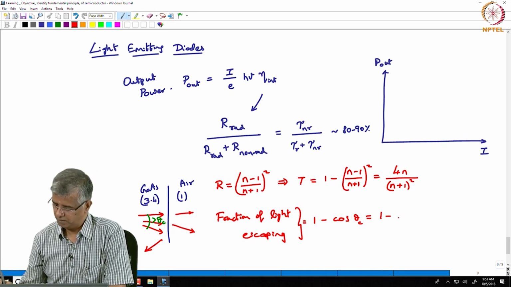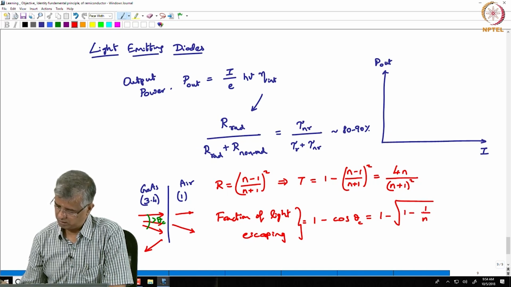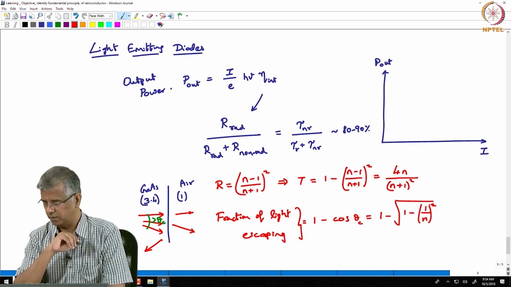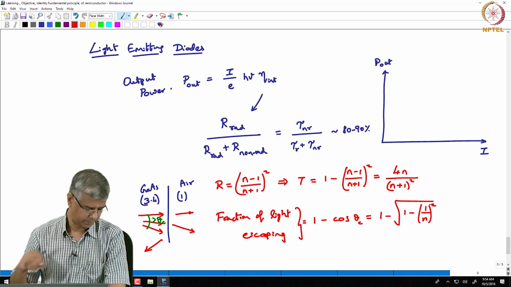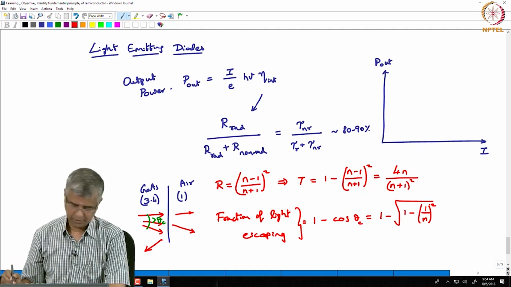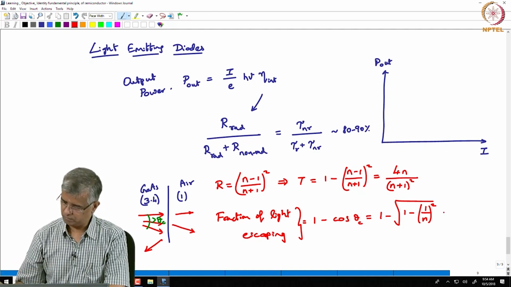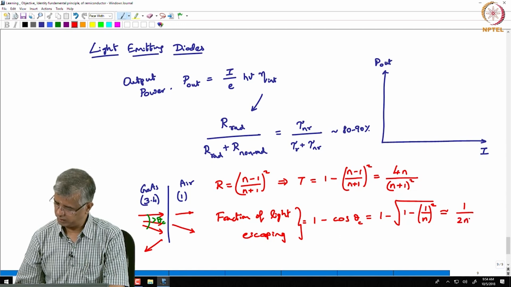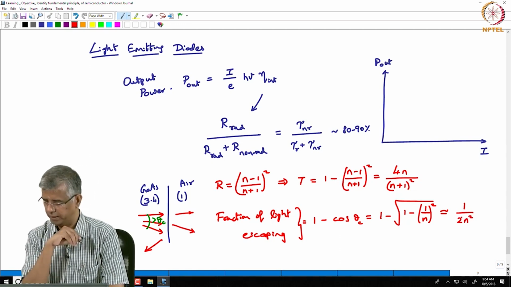So this is 1 minus root of 1 minus (1 over n) the whole squared, which, if you do the math, is approximately equal to 1 over 2n squared.